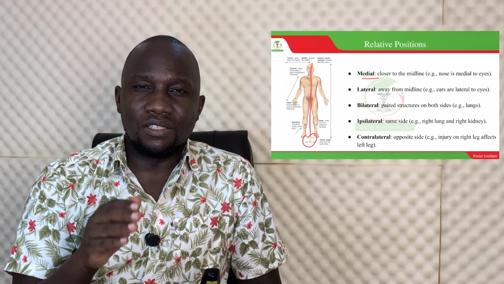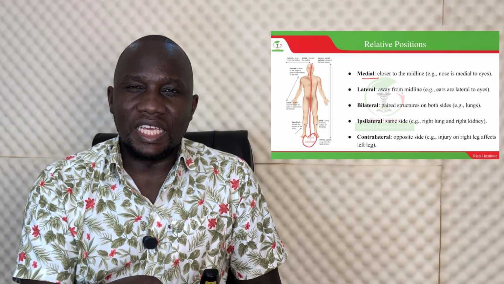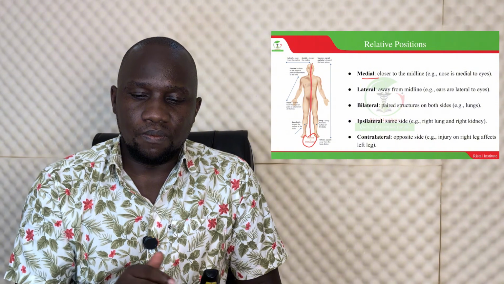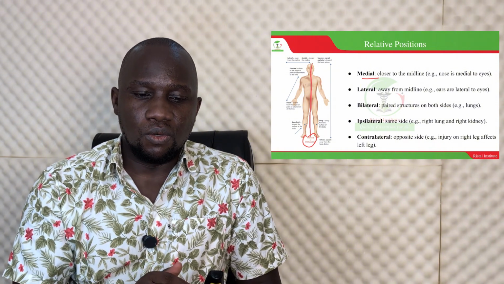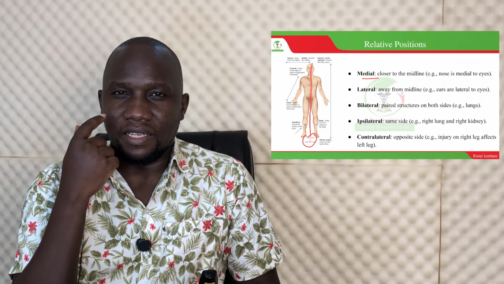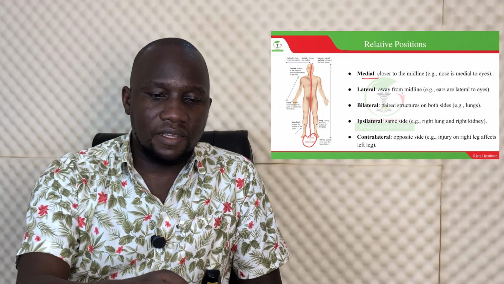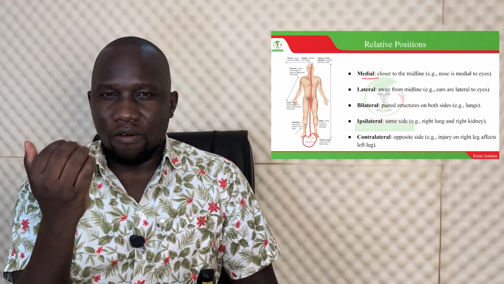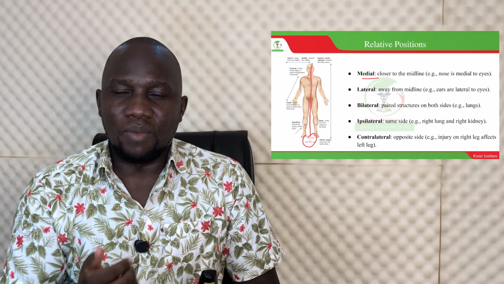The part which is far away from that midline is lateral. So that therefore means the nose is closer to the midline in comparison to the eyes. So the eyes are more away from the midline compared to the nose.